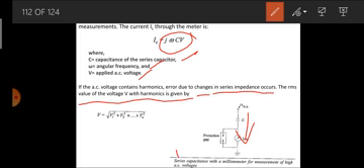RMS stands for root mean square. So V is equal to square root of V1 square plus V2 square plus so on up till Vn square, where V1, V2 and Vn represent the RMS value of the fundamental, the second and the nth harmonics. V1 is the RMS value of the fundamental, V2 is of the second harmonic, and Vn is the RMS value of the voltage of the nth harmonic.